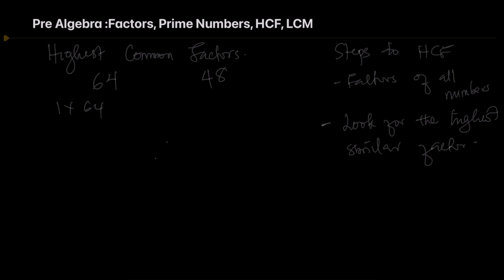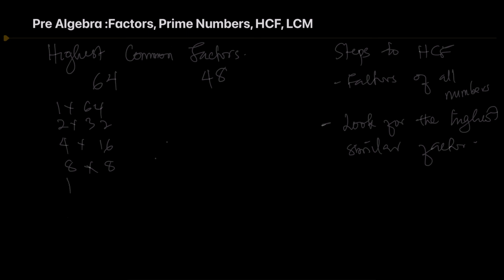We know that 2 times 32 works. 3 is not possible in the case of 64. 4 is possible, 4 times 16. 5 is not possible. 6 is also not possible for 64. 7 is not possible. 8 is possible, 8 times 8, right? 9 is not possible. 10 is not possible. 11, 12, 13, 14, 15 are not possible.